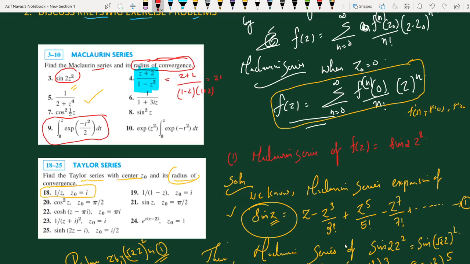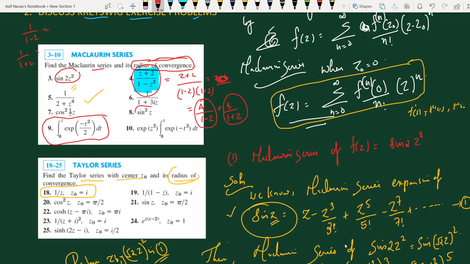This can be made into partial fractions: a by 1 minus z plus b by 1 plus z. Then you find a and b, then you can use the 1 by 1 minus z expansion and the 1 by 1 plus z expansion. So for this type of question you have to make it into partial fractions.